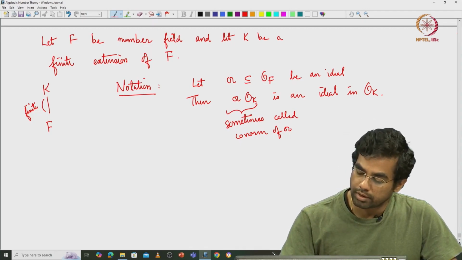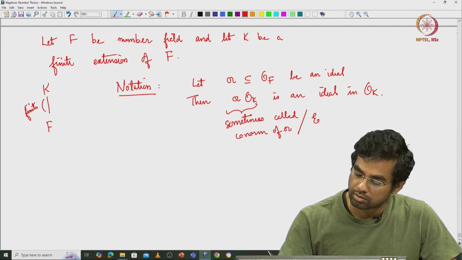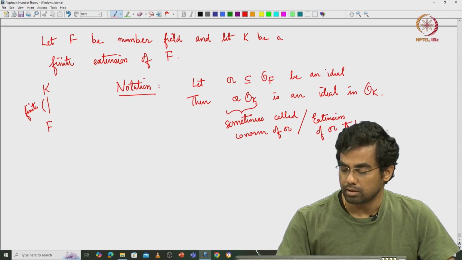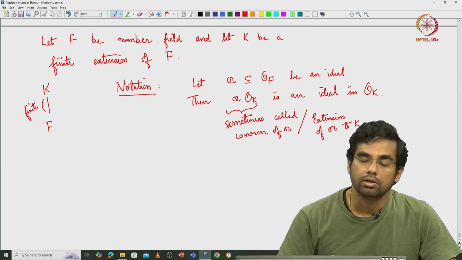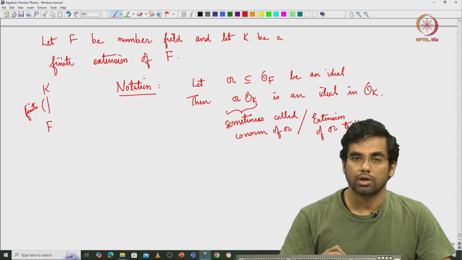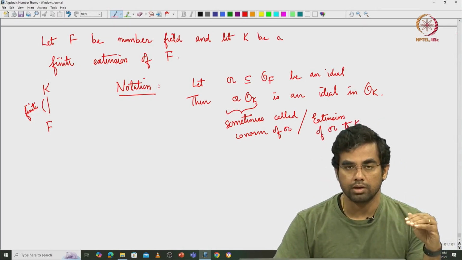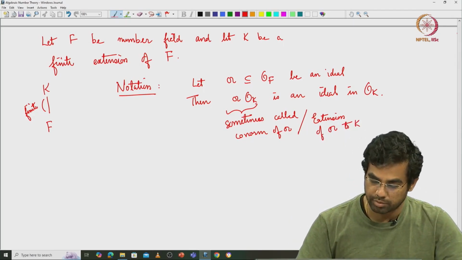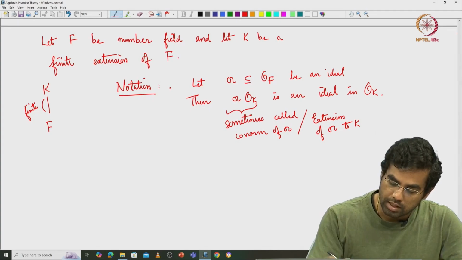You can also call it the extension of A to K. But in any case, I will just denote it as A times OK. So, this is how you start with an ideal in a smaller number field and then get an ideal in a larger number field.